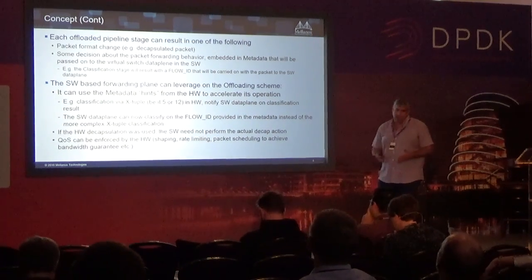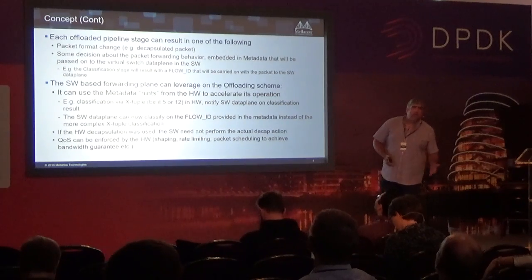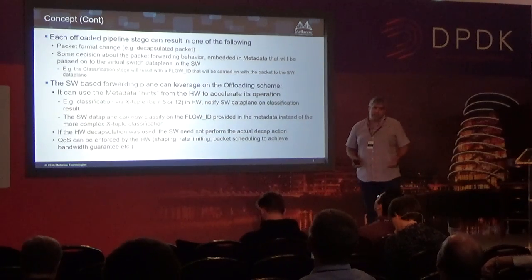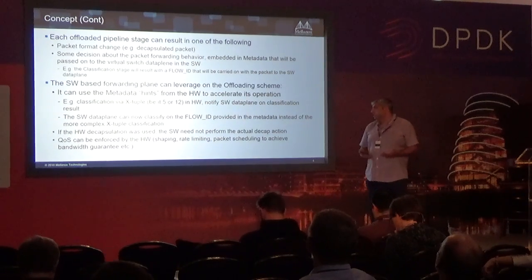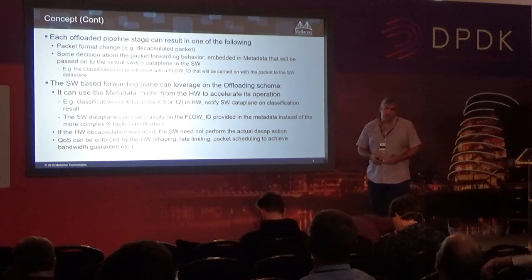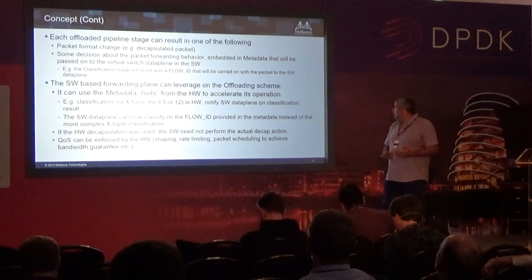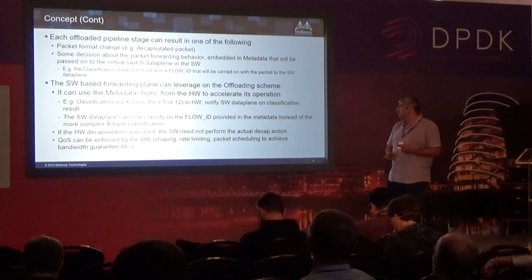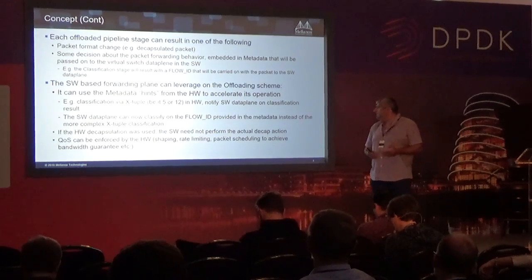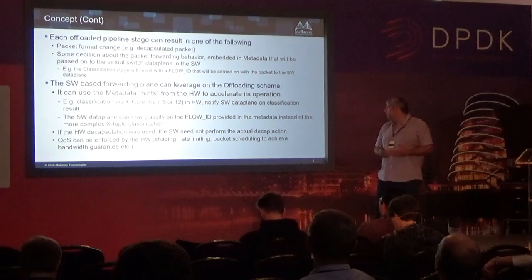You want to classify on a few fields of the packet and get the result of the classification. So you use a flow ID as the classification result, and the flow ID comes as metadata for the packet. Okay, so the software-based forwarding plane can leverage the offloading scheme. You can use the metadata hints from the hardware to accelerate the operation.